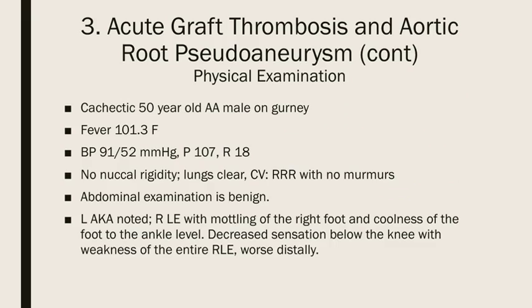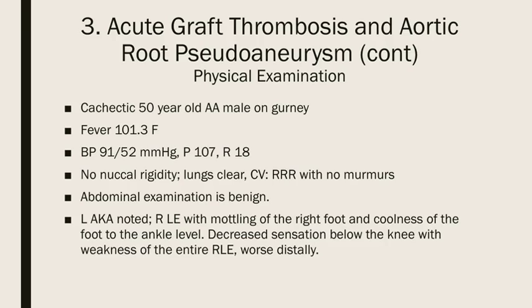So when we saw him, he was a cachectic 50-year-old African-American male on a gurney. Fever was 101.3. He was a little hypotensive and tachycardic. He had no CNS signs. Lungs were clear. Cardiovascular examination was regular rate and rhythm with no murmurs. Abdominal examination was benign.